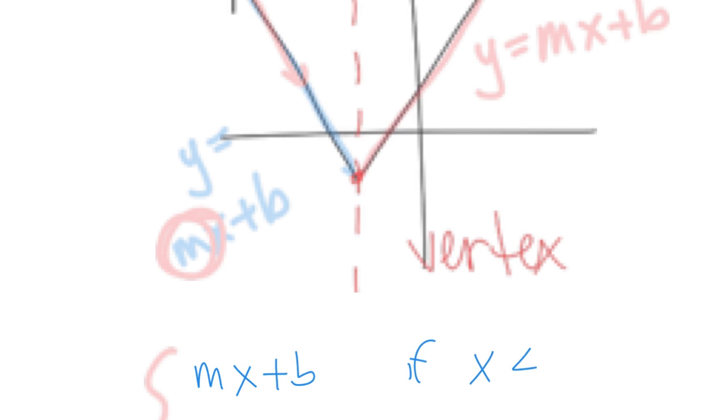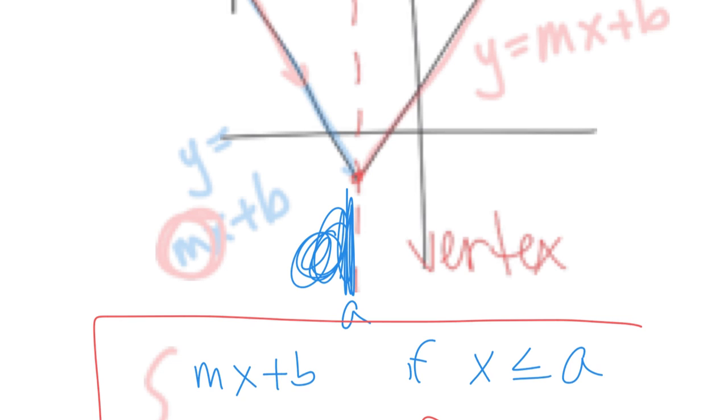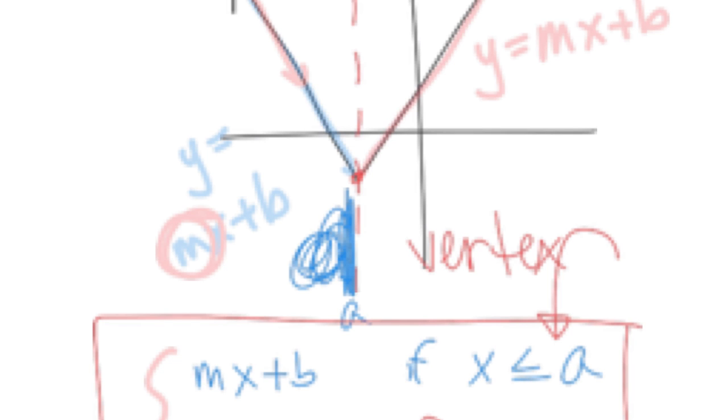If x is on the left side of the vertex, whatever that happens to be, you have one equation, and then you have your other equation if x is on the right side. So this is what we're looking for: some equations with some constraints. That's what our final answer is going to look like.